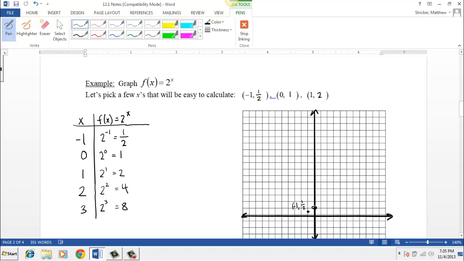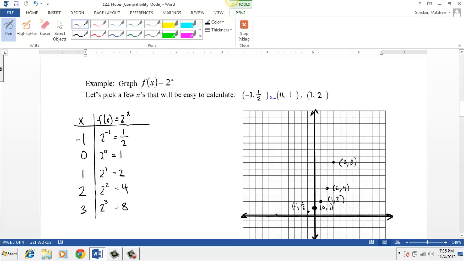The point 0, 1. We have the point 1, 2. Point 2, 4. And 3, 8.